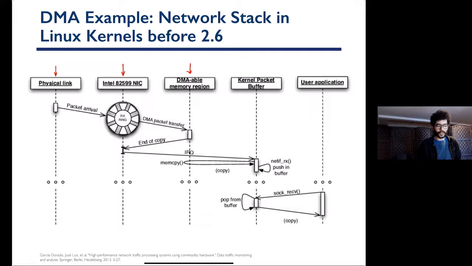This is the memory region that we're allocating for DMA for our NIC. Now this is a kernel packet buffer, all right? This is specifically for packets. The kernel has allocated a buffer. And this is the memory space of our user application.